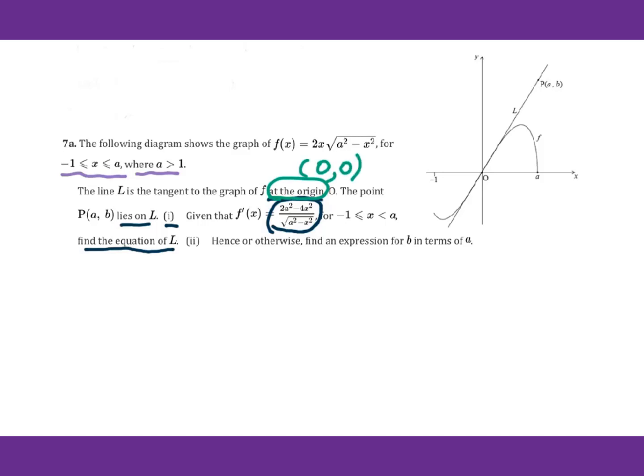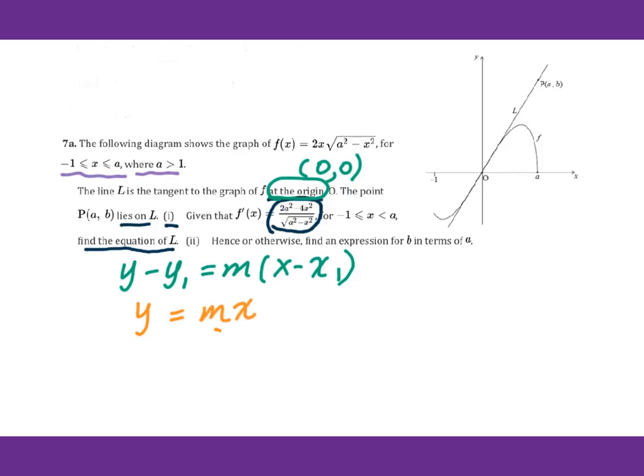We need to figure out the slope so that we can get the equation of L. We use y minus y1 equals slope times x minus x1. We already know that y1, x1 equals 0. Therefore, you will get y equals mx.